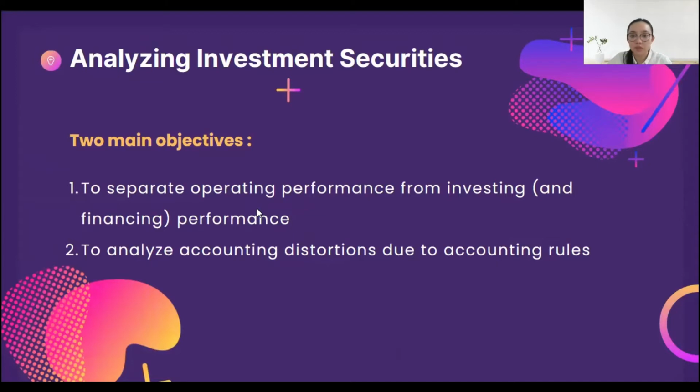For this purpose, it is important for an analyst to remove all gains or losses relating to investing activities, including dividends, interest income, and realized and unrealized gains and losses, when evaluating operating performance. Second is to analyze accounting distortion due to accounting rules or earnings management involving investment securities.